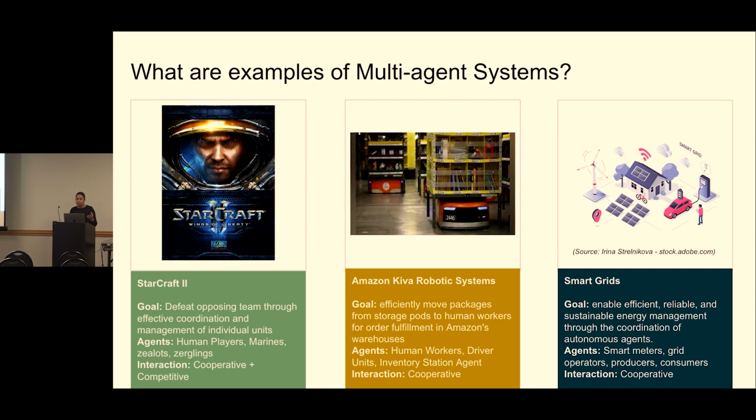All the way from your grid operators, the way the energy is being transmitted from your renewable energy producer to the consumer in a household, and also allowing consumers to become prosumers. So I can have my solar panels at my home and give that energy back and get some savings for myself. And then the interaction model is cooperative.